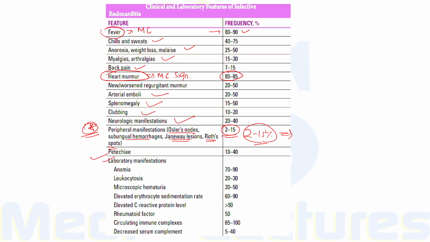Among lab manifestations, anemia is common. Then patients have leukocytosis, and microscopic hematuria is associated with this condition. Then elevated ESR and elevated CRP is seen in almost each and every patient. 50% of the patients have positive rheumatoid factor. Then circulating immune complexes are there and there will be hypocomplementemia.